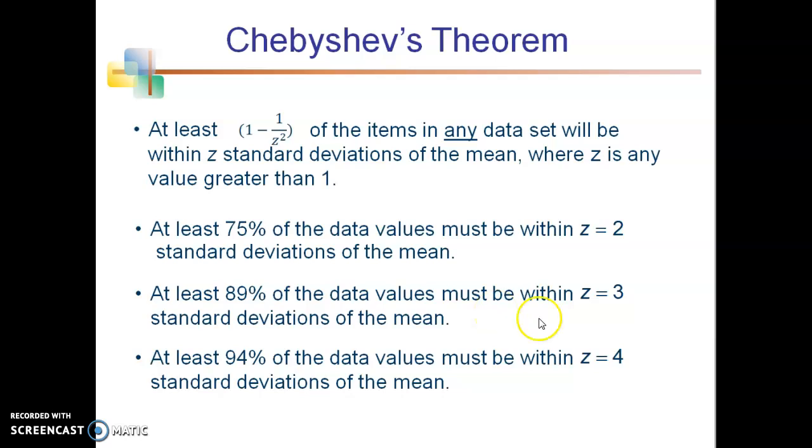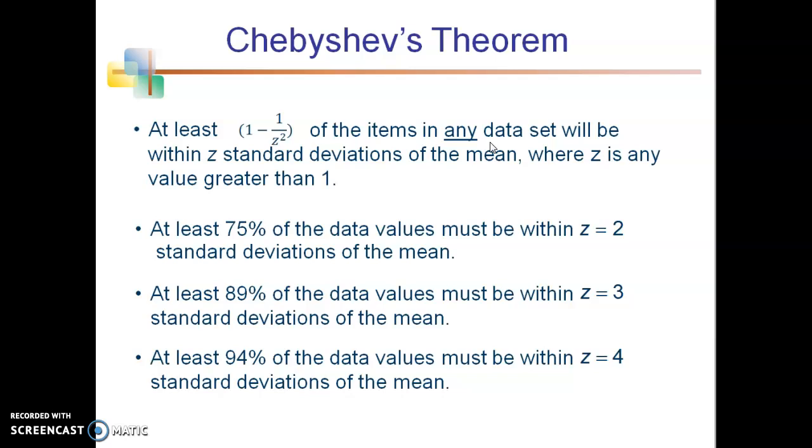And then finally, if you want to do 4 standard deviations, z equals 4, you'd say 4 squared is 16. 1 divided by 16 is 0.0625. 1 minus 0.0625 is about 94%. So 94% of our data lies within 4 standard deviations of the mean. This is another way of understanding how our data is distributed. Now, Chebyshev's theorem is very versatile because you can apply this formula to any data set, a skewed data set or a symmetric data set.